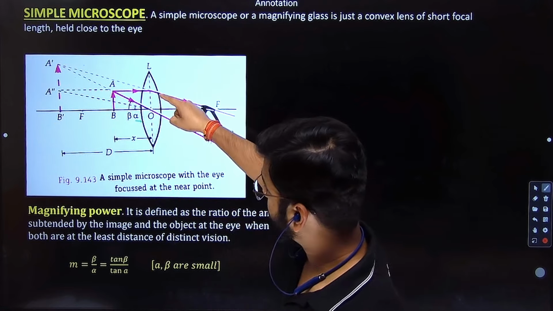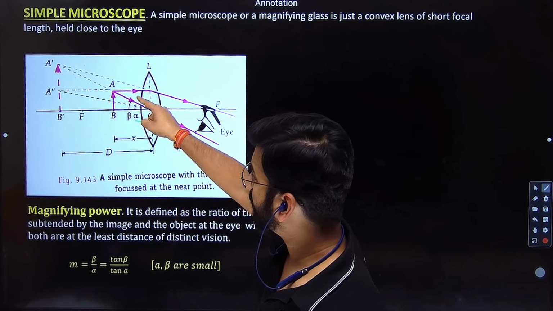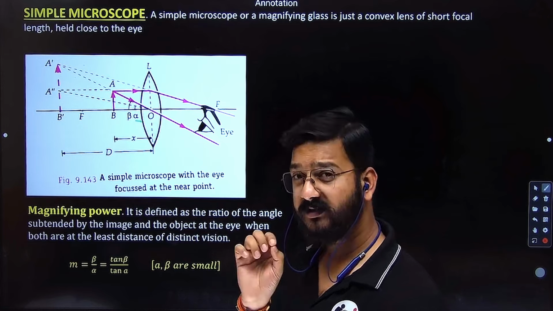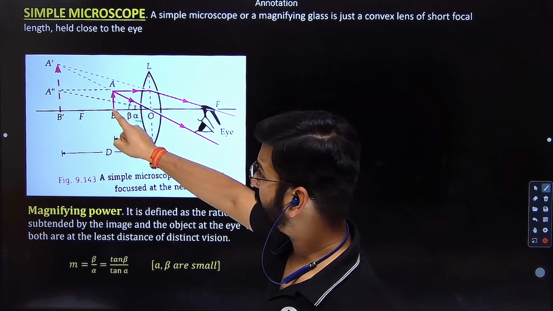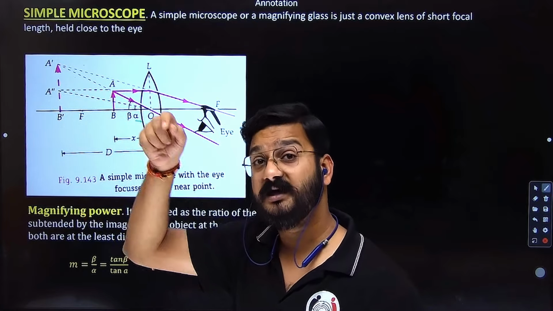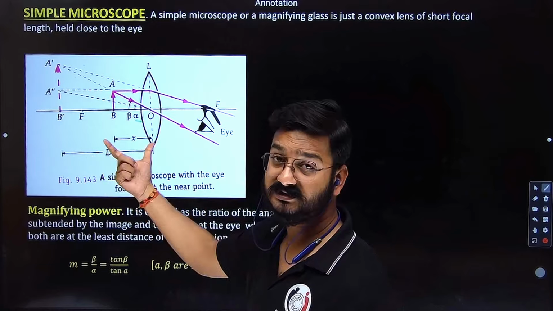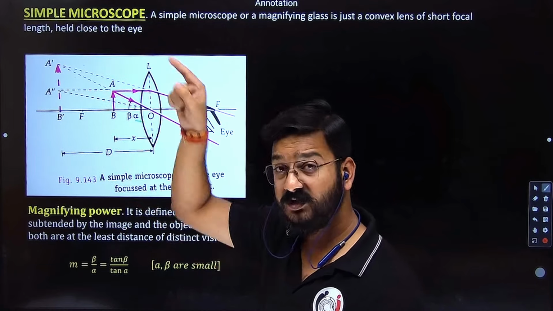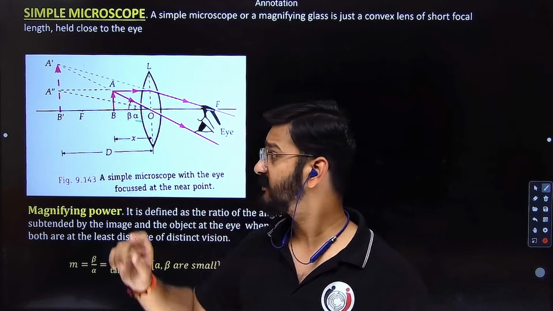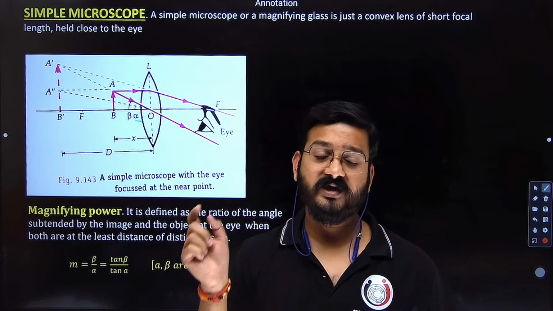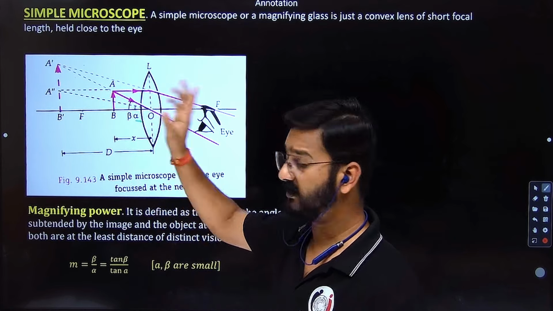If I join the O to the image A dash B dash, what is the angle formed? Beta. What I'm trying to say here is that alpha is the angle formed by the object kept at D. If the object is present at D, D means least distance of distinct vision, the angle formed by the object is alpha. If the image is formed at D, the angle formed by the image is beta.